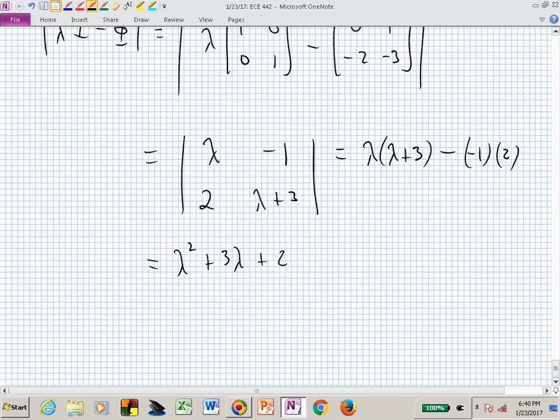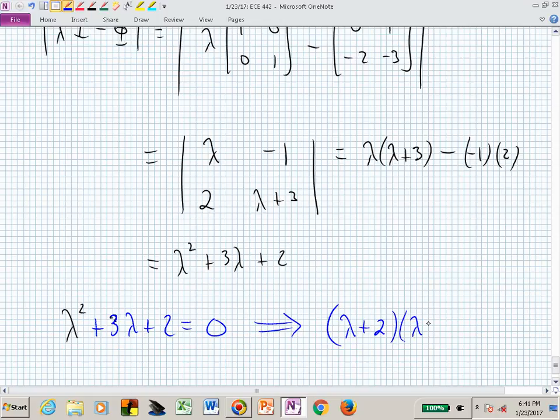That's our characteristic polynomial. The characteristic equation is when we set that equal to 0. And that factored form hasn't changed since Wednesday. This is now lambda plus 2, lambda plus 1 equaling 0.